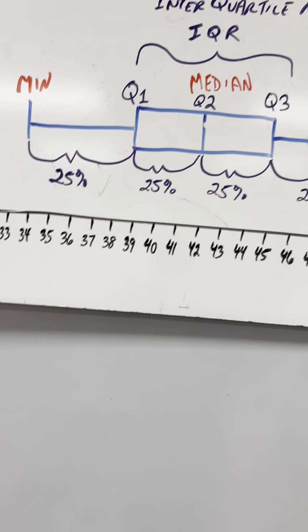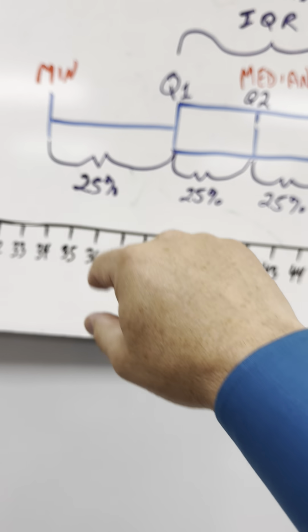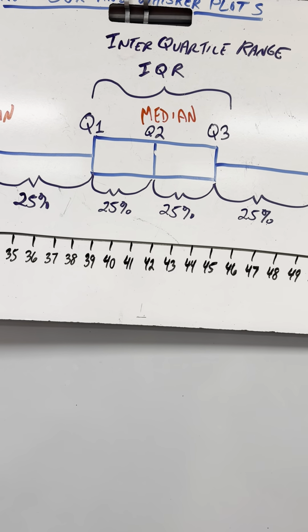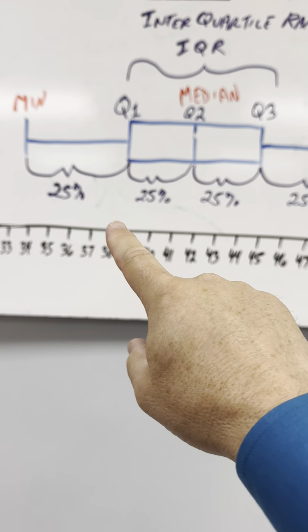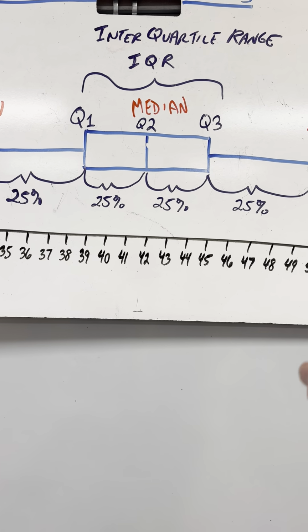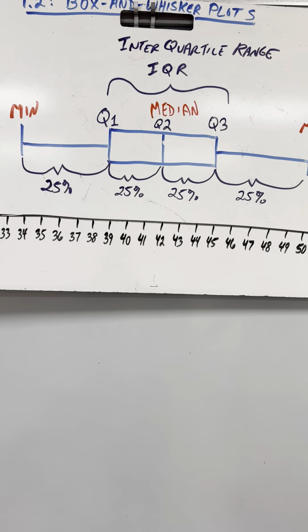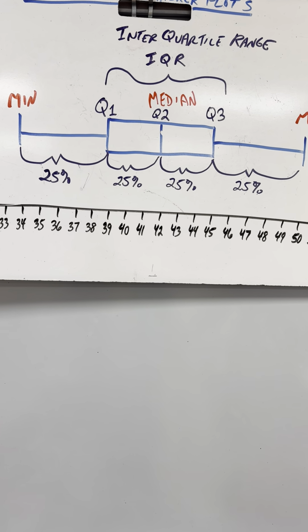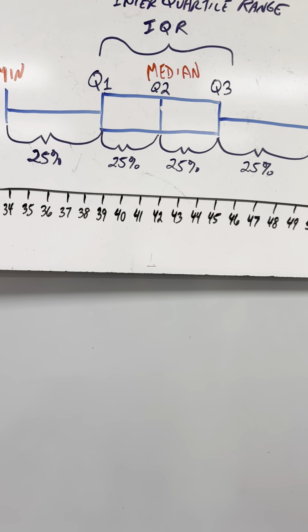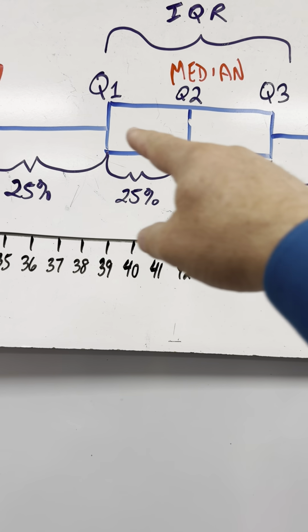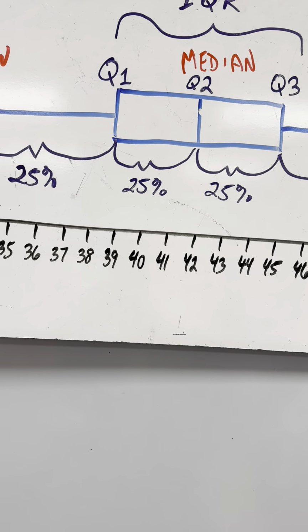Now, all of these sections, it is divided into 4 sections. Each section is 25% of the data. It will rarely be symmetrical like this. You'll often find this middle number way to the left or way to the right.